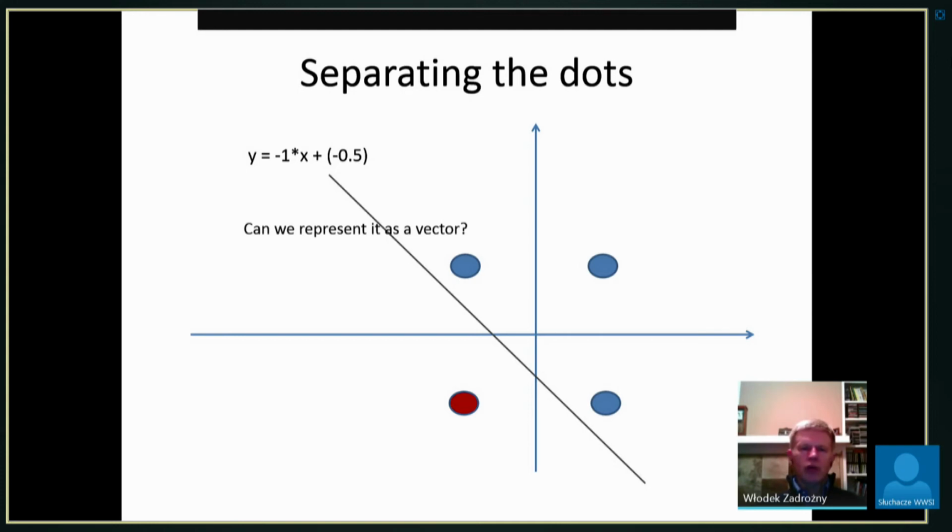So if we look at a line like y equals minus x plus minus 0.5, we can represent it as a vector, yes?